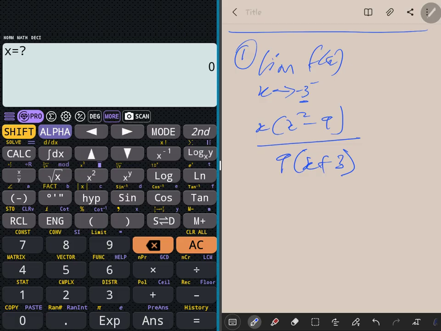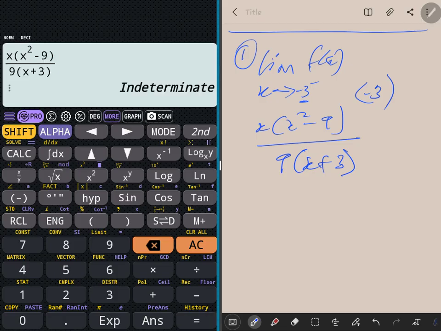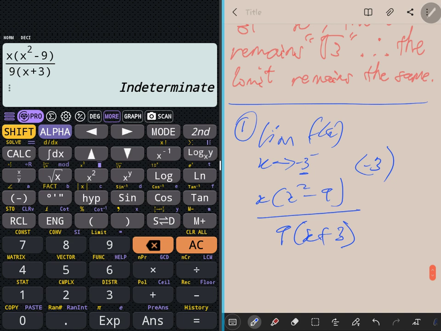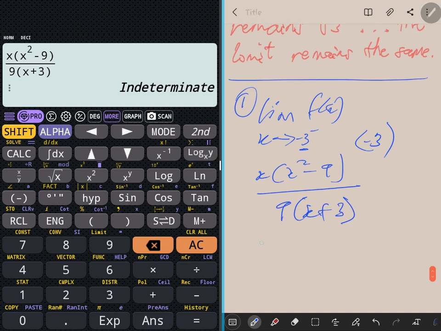We are checking when x is negative, just trying to see if we put a value directly, do we get an answer. This is an indeterminate form. When putting negative 3, and again when putting negatives, you must be very careful. Negative 3 is actually squared in x squared minus 9 here, so you can use different brackets to show the difference.